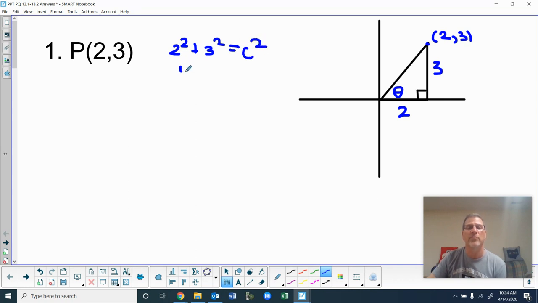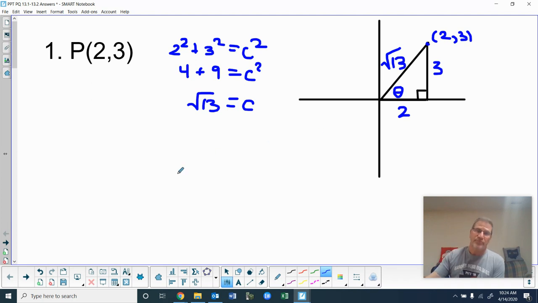So that's 4 plus 9, which equals our c squared. So take the square root of 13 to get our c value. Remember, don't forget to take the square root. So this side is the square root of 13.